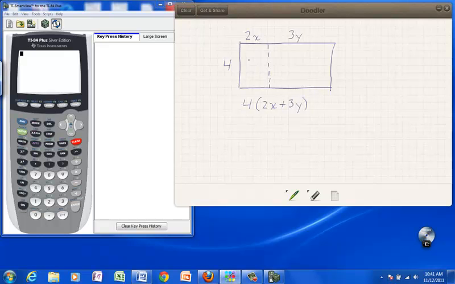And they say rewrite the product as a sum. So we know to rewrite the product of the sum, one of the things we can do is work out each of these regions separately. So when I'm looking at this first region, I can find that area by saying that's 4 times 2x.